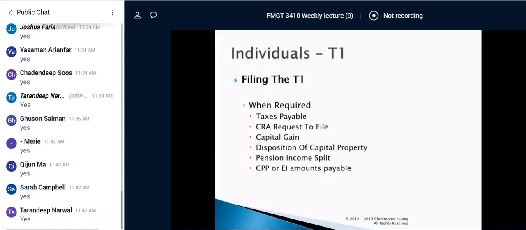So generally speaking, if you're an individual, in most circumstances, it makes sense to just file your T1 even if you don't have any income to report. Because you never know if something's been missed and there'll be consequences. So filing T1 earlier kind of makes it easier.